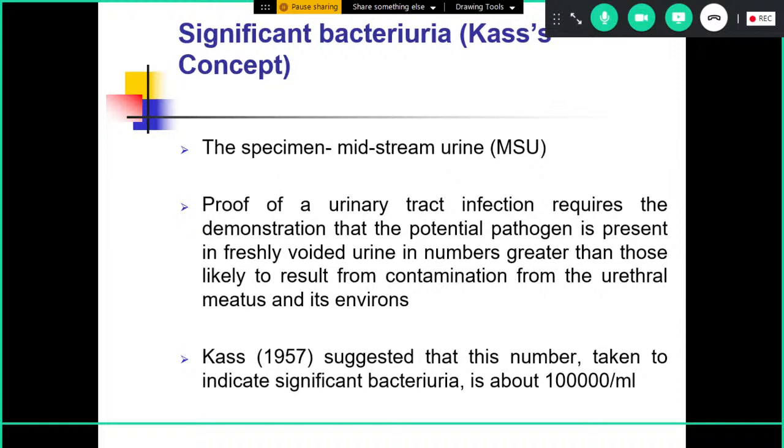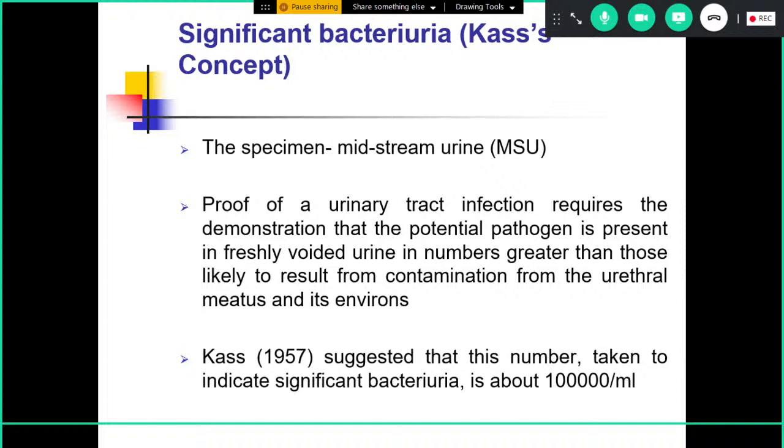So these bacteria present in the distal urethra are likely to contaminate the sample once we are collecting it. But we also know that these bacteria would be in low numbers, and the maximum described at that point was that these contaminants cannot be more than 10 power 3 bacteria per ml. So, keeping all these things in mind, Kass suggested that the number for us to take as significant is 10 power 5 bacteria per ml.